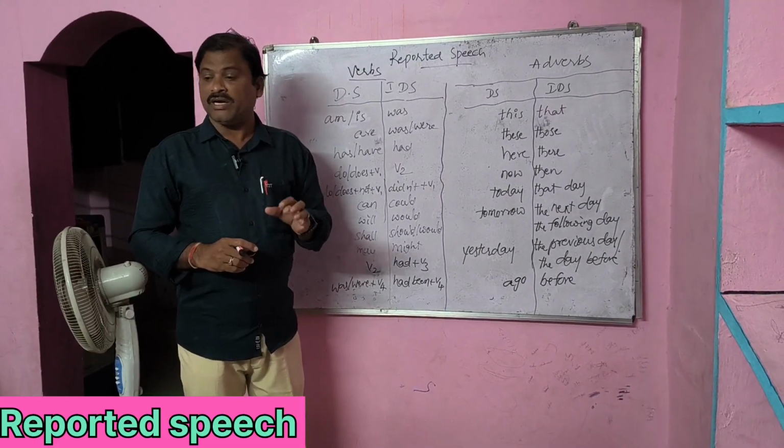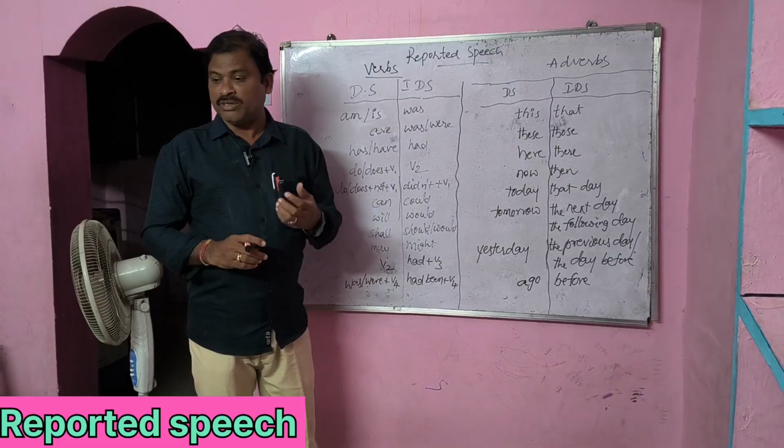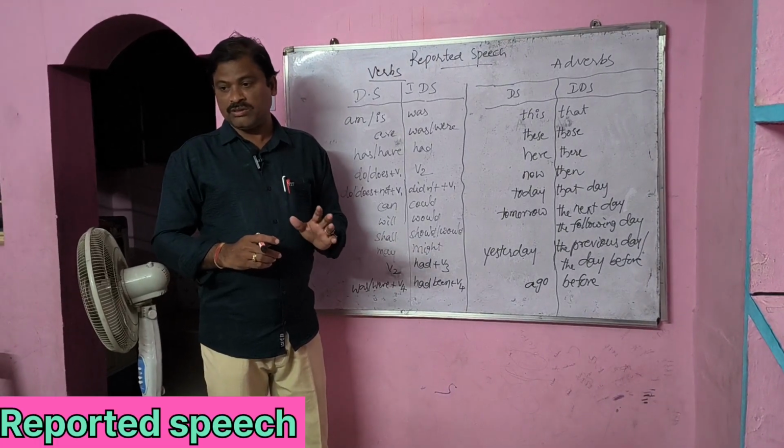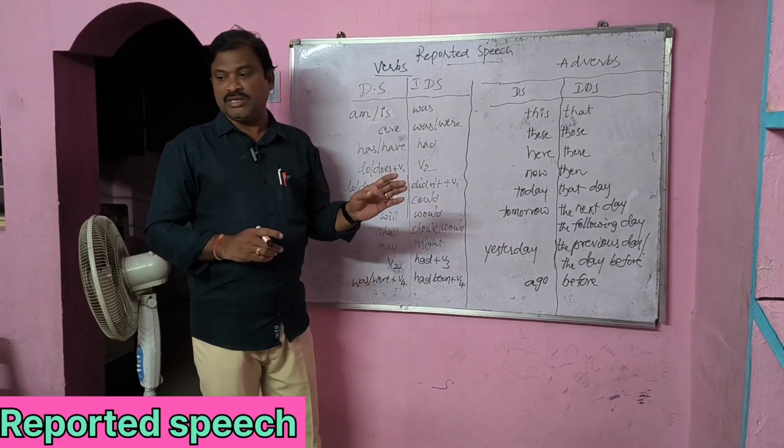If you observe any adverb in a sentence, we have to change it like this. If you don't have any adverb in a given sentence, no need to change it. Without an adverb, we change direct to indirect speech as it is.